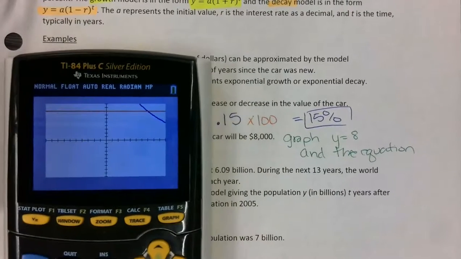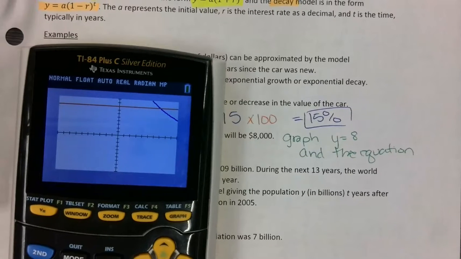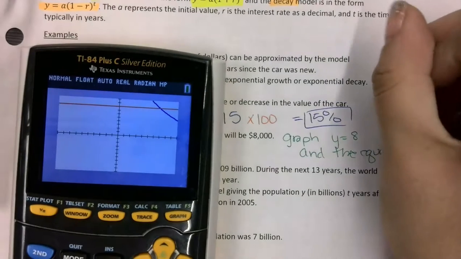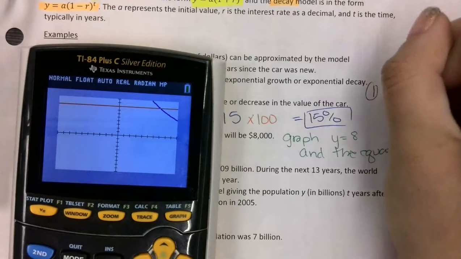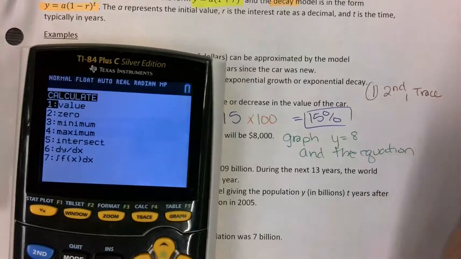So then what I want to do to find the crossing point is I am going to pick this color pen. I want to press second trace. And then I want to pick where they're crossing.